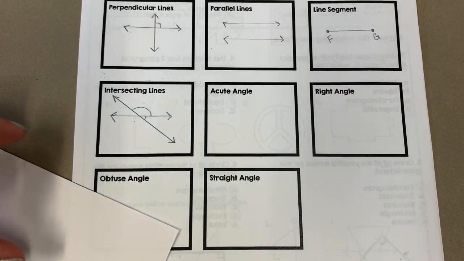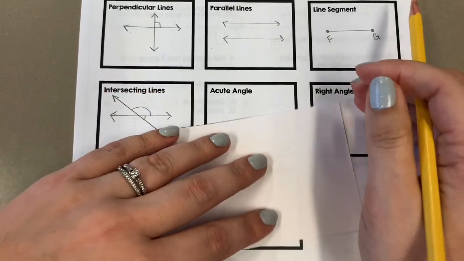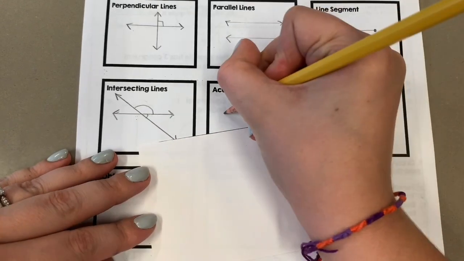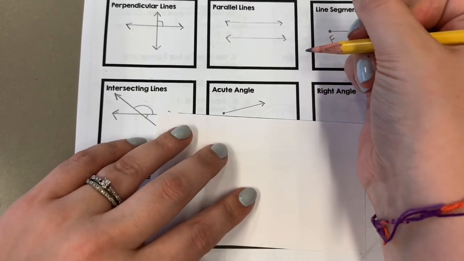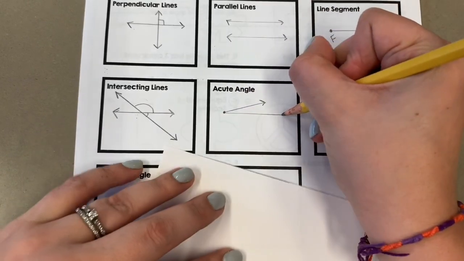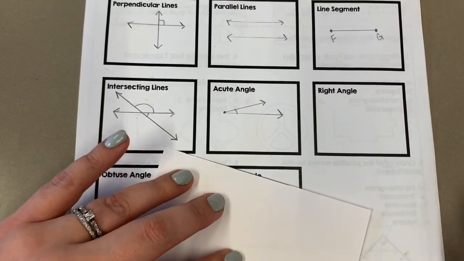An acute angle is a cute little angle less than 90 degrees. So here's my acute angle. There's one ray. Its endpoint. An angle is where 2 rays meet at a single endpoint. So start my other one. There's my acute angle.